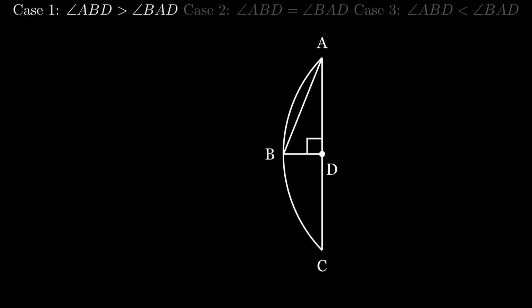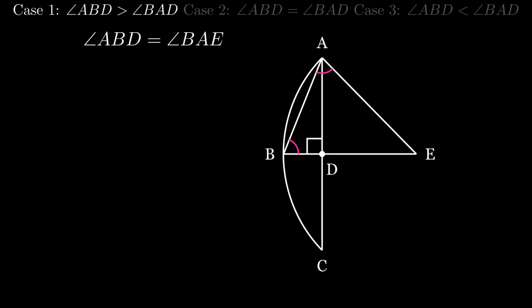Starting with the first case, draw AE so that angle ABD is equal to angle BAE, and connect DE and CE. Triangle BAE is an isosceles triangle, so AE is equal to BE.